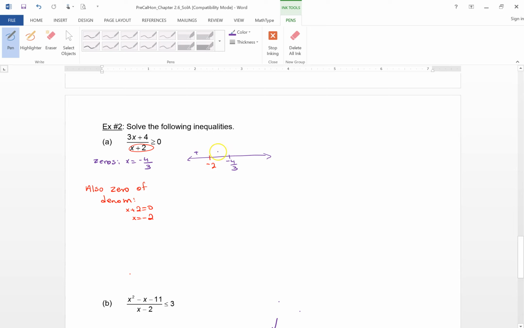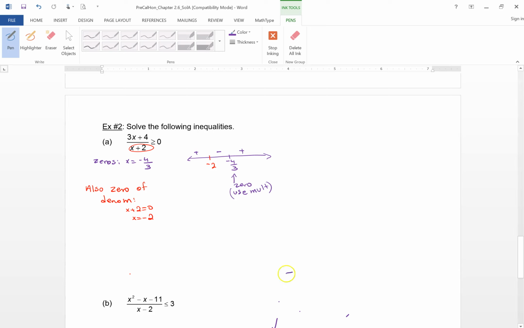Negative. Now, this is a 0, so you can use your multiplicity. Does this have odd or even multiplicity? Odd, that means the sign will alternate, so that's a positive. Doesn't the sign always alternate? Only if it's got odd multiplicity. If it's got an even multiplicity, then it stays the same.